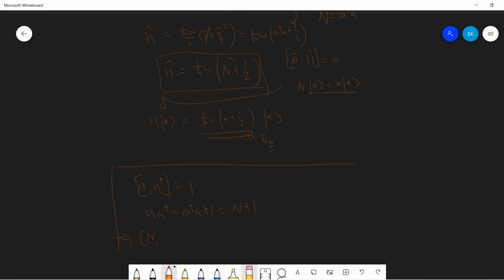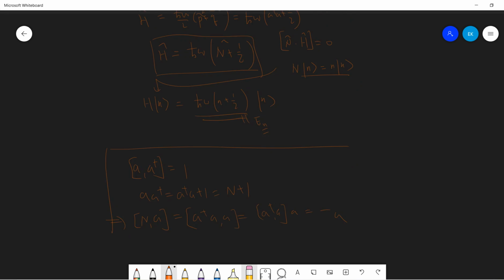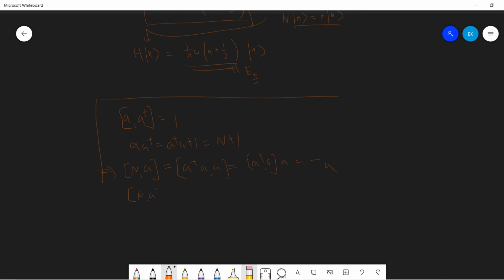One can check this: n a will be a Dagger a a, so it's a Dagger a, so it's negative a, I think it's negative a, right? And also this n a Dagger will be a Dagger a a Dagger, so it's a Dagger. Okay, so these three are the commutation relations of this.